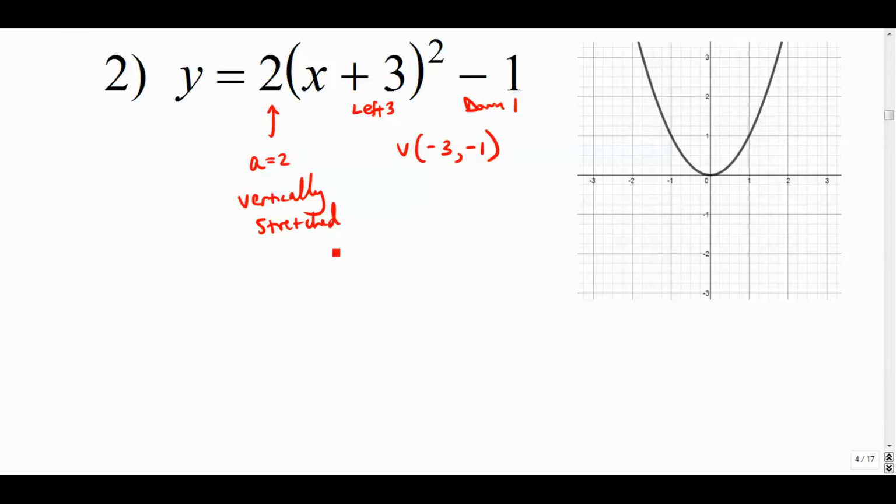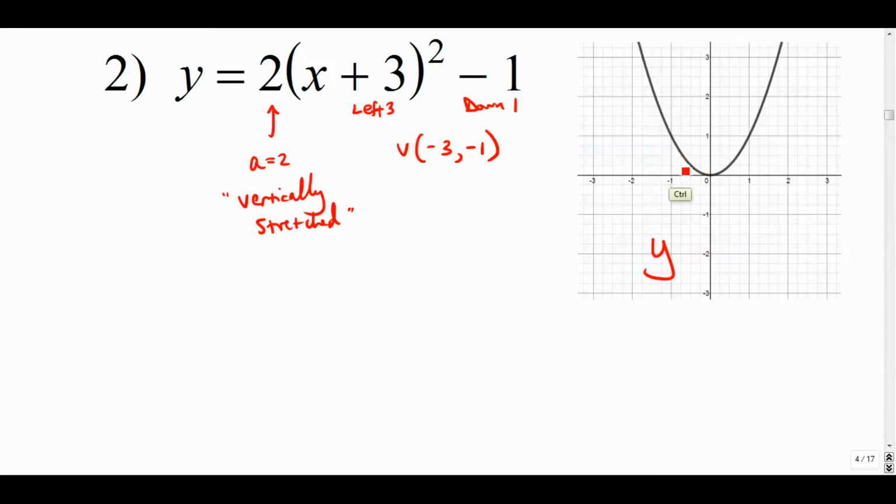Now keep in mind, a vertical stretch is the same as a horizontal compression, but I usually like to talk about things in terms of their vertical distortion. If it were just y is equal to 2x squared, it's vertically stretched, so it's going to look like this. Just going to be skinnier, basically. So imagine that somebody's grabbing these two and they're just pulling them up higher.